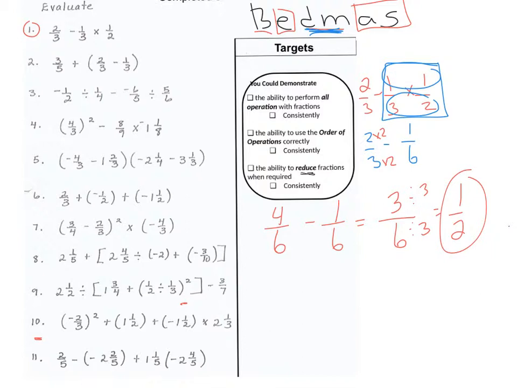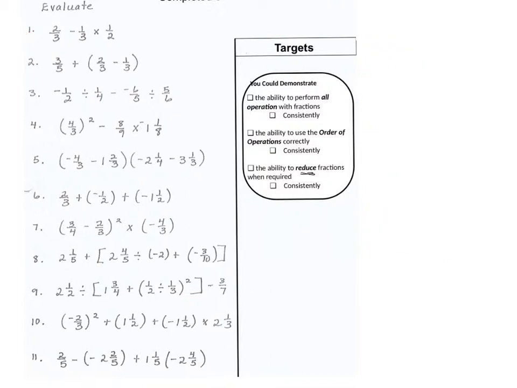So I'll clear that. Okay, and let's go to number 4. So we'll write that down here, 4/3 all quantity squared. Then I have to subtract.